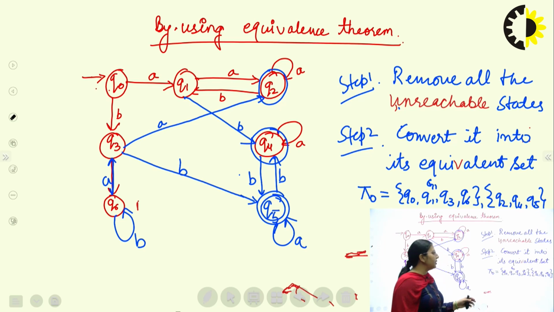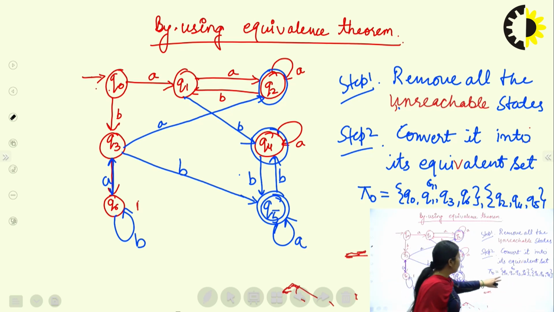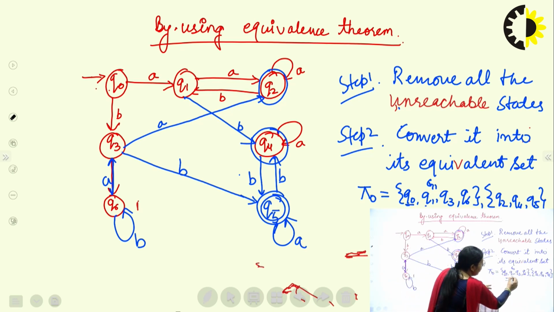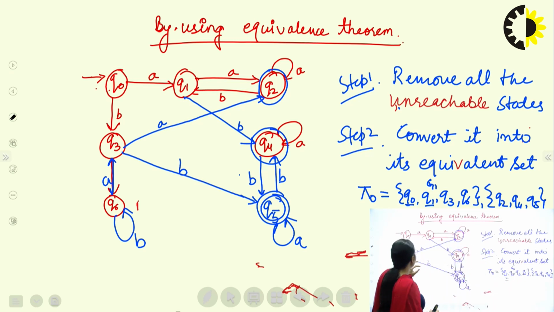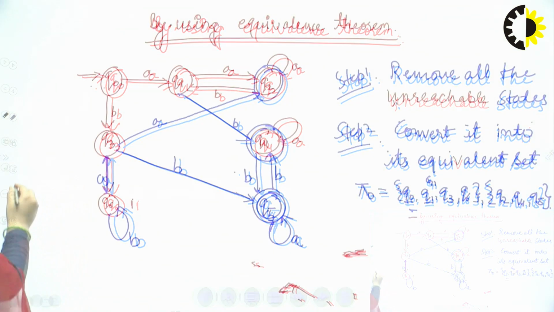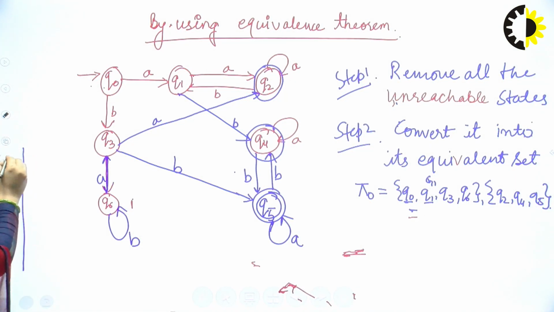The next step is we have to check for which transition the next state occurs in which of the sets. Let us consider the first set is Q0 and Q1. Now we have to check the transitions of Q0 and Q1. Let's make it clearer by making a transition table.